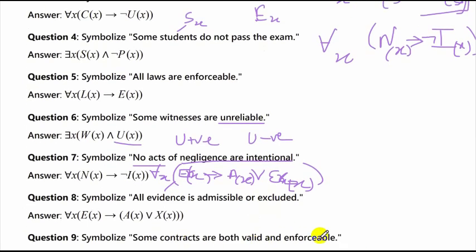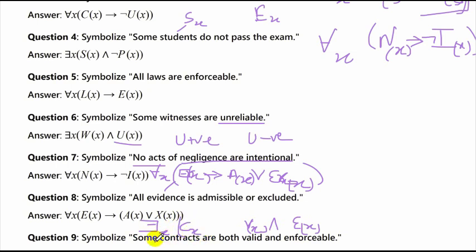Some contracts are both valid and enforceable. So we are using AND, this symbol, valid means VX, enforceable means EX. Some contracts would be CX and some will be existential.